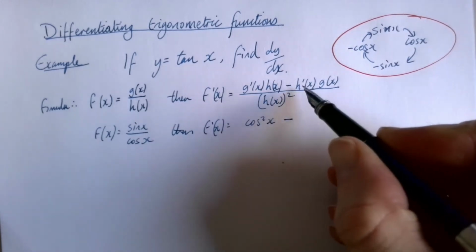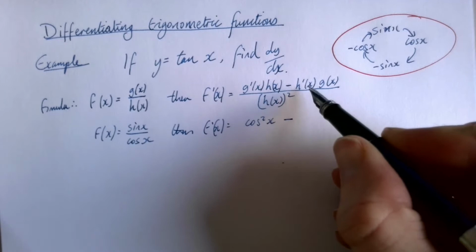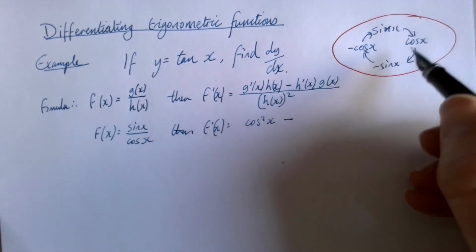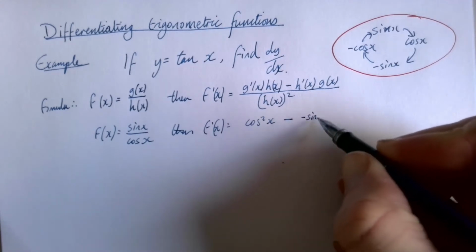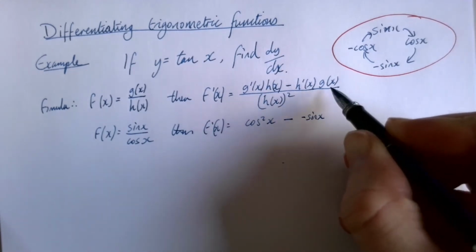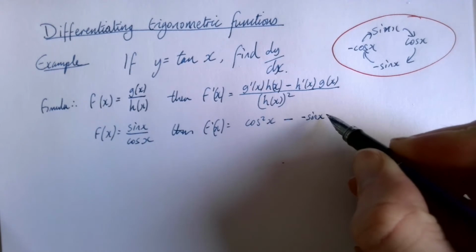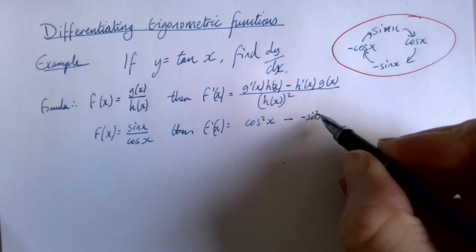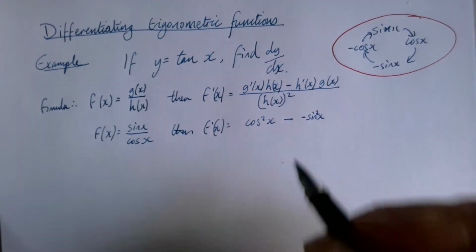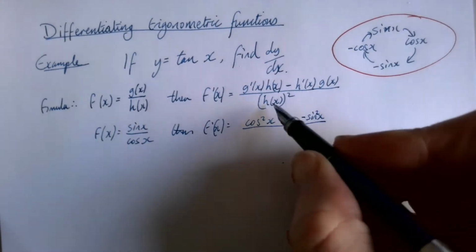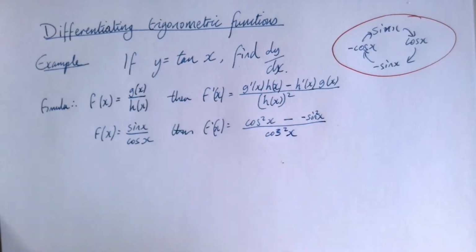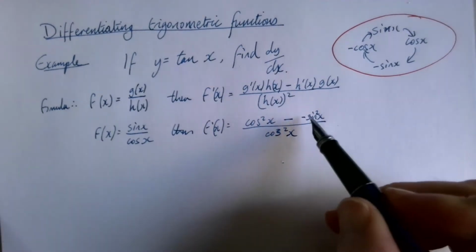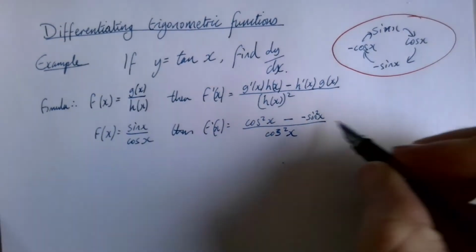Then we're going to have minus the differential of what's on the bottom, so that's negative sine x, which is going to be multiplied by what's on the top, which is sine x. So that would be negative sine squared x all over cos squared x. And take a negative is going to be plus, isn't it?